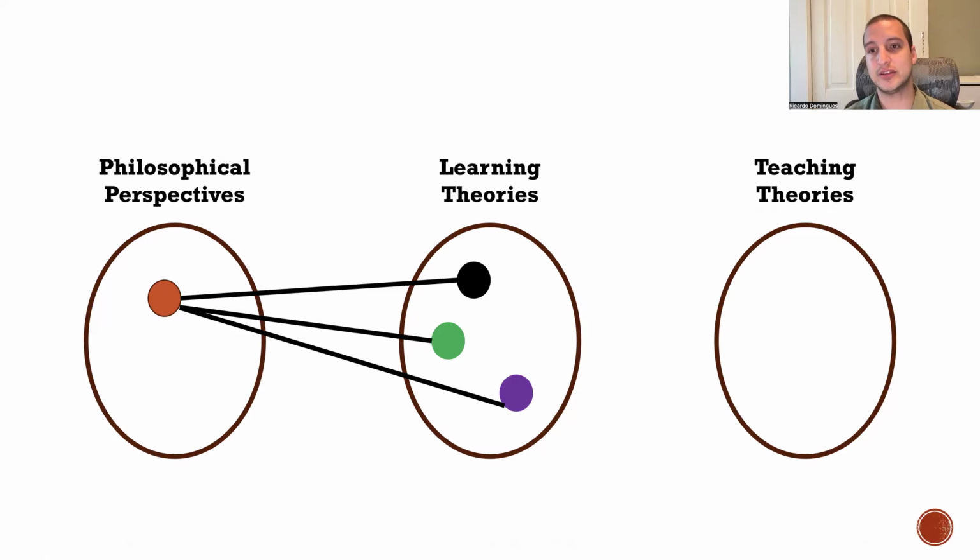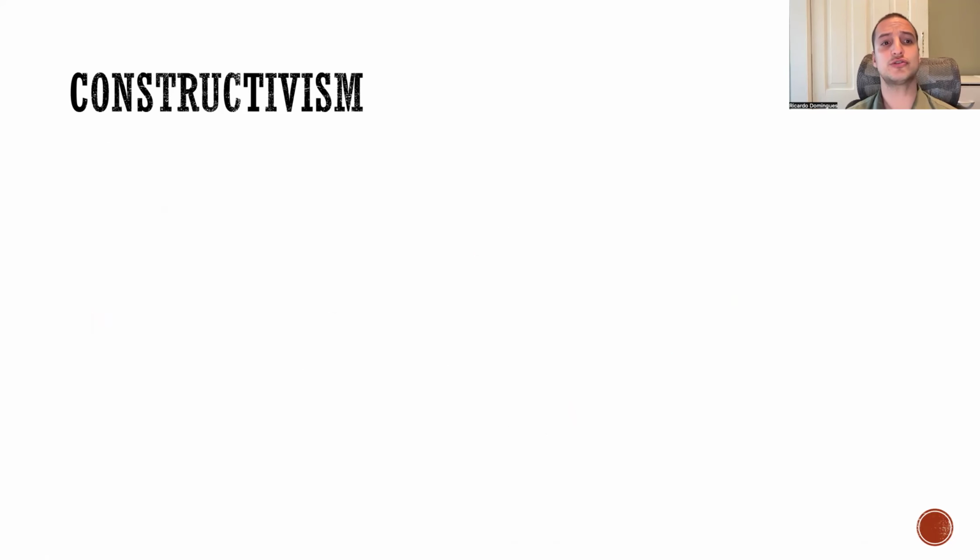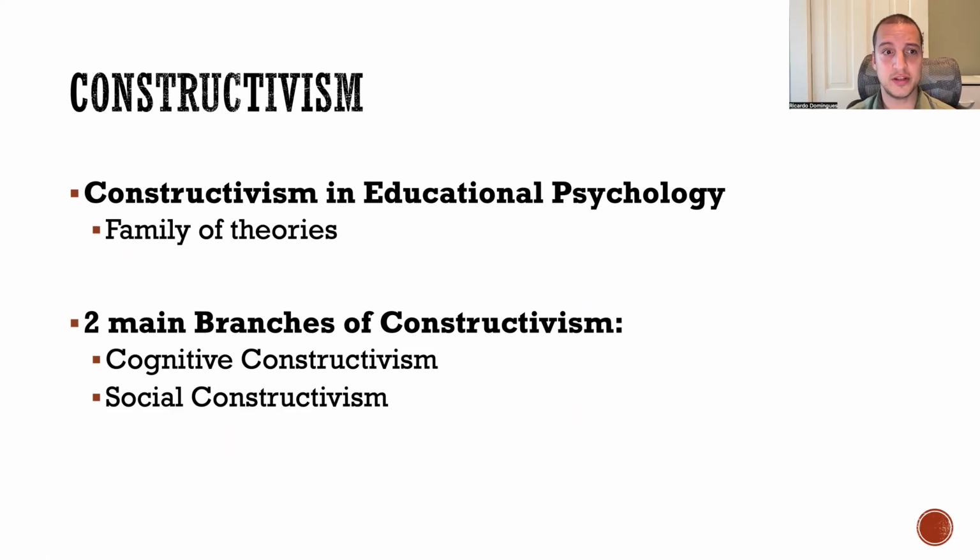And as we said already, those learning theories that are aligned with the constructivist perspective will translate into teaching theories that are also aligned with the constructivist perspective. So constructivism in educational psychology is a family of theories.